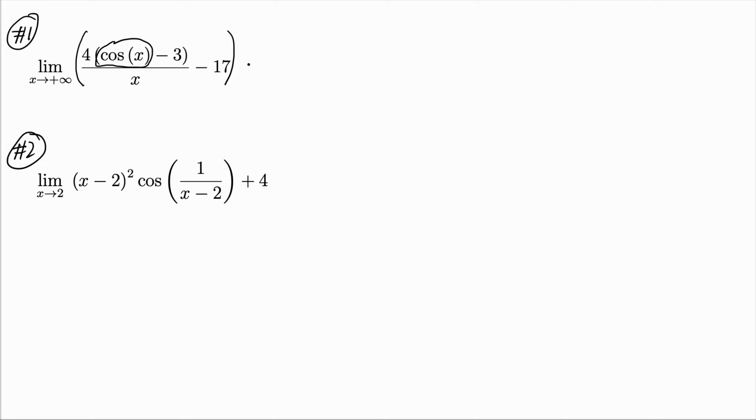But how do we explain this using the sandwich theorem? Well, we use the variability of cosine x. It's sandwiched between -1 and 1, which means that cosine x minus 3 is sandwiched between -4 and -2. Let's do it a little more clearly. Cosine of x is sandwiched between -1 and 1.